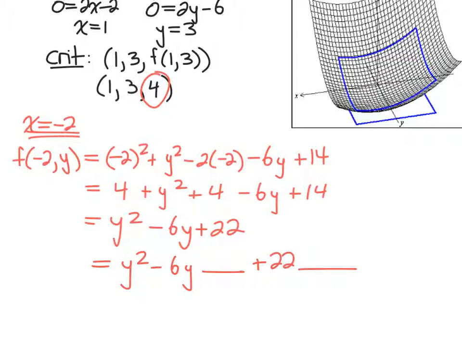Plus 9. The b value cut in half and squared, right? Plus 9, minus 9. So this whole part here becomes y minus 3 squared plus 13.